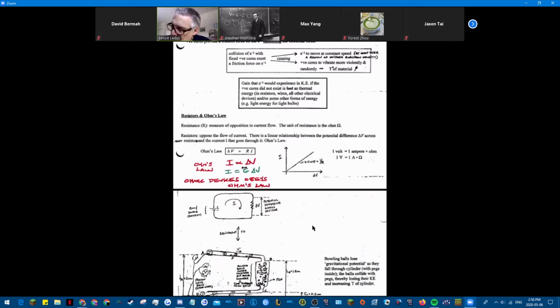Now, G here is called conductance. And conductance is just the reverse of resistance. That's nothing else but the inverse of it.